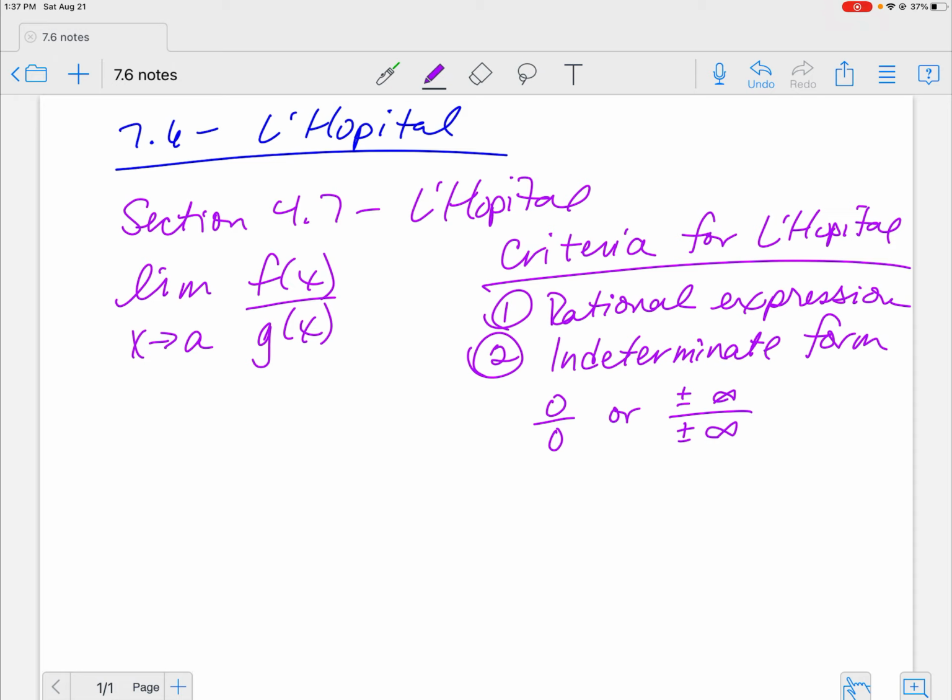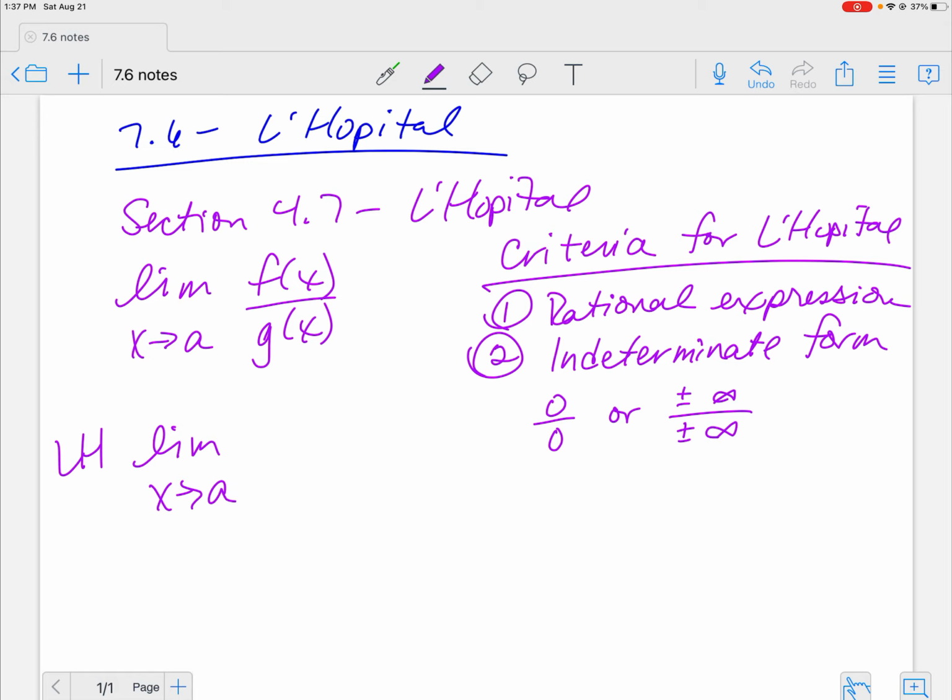When I do L'Hopital, you have to put some kind of notation out there. The notation I use is I just put an LH in front, and then I take the limit as x approaches a. I know I've seen different notations at different times of people that use L'Hopital one way or the other.